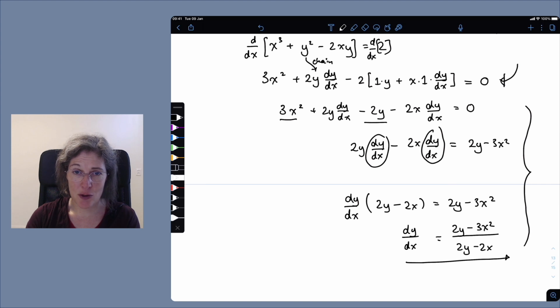So it's just algebra, but it is quite important algebra, because once we have the derivative in this form, we can start to think about what it must look like. So for example, we can think about for what values is this derivative going to be 0? So when is the tangent going to be flat? For what values of this derivative is the function going to have a vertical tangent? Things like that. So having it in this form is kind of important.